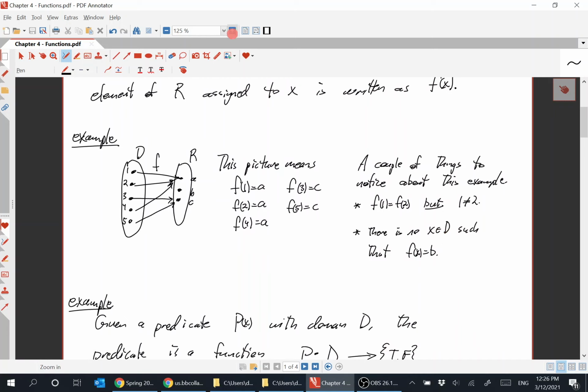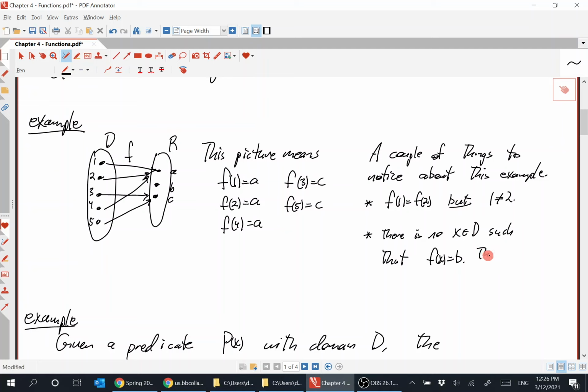There is no x in the domain satisfying f of x equals b. In other words, taking the "no" out of the quantifier, that is, for all x in D, f of x is not equal to b.